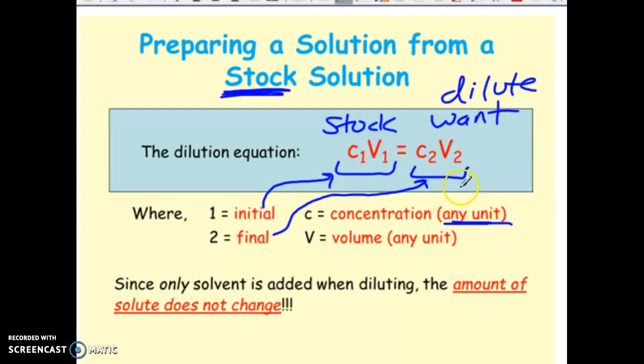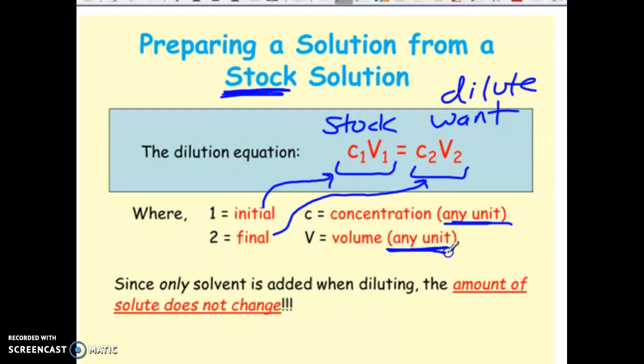It actually does not matter what unit of concentration this is. It can be parts per million, it can be moles per liter, it can be percent weight by volume. It doesn't matter the unit. What matters is the two units have to be the same. So you cannot have one in moles per liter and the other as percent concentration. They have to be consistent, or else when you rearrange this formula, your units will not cancel.